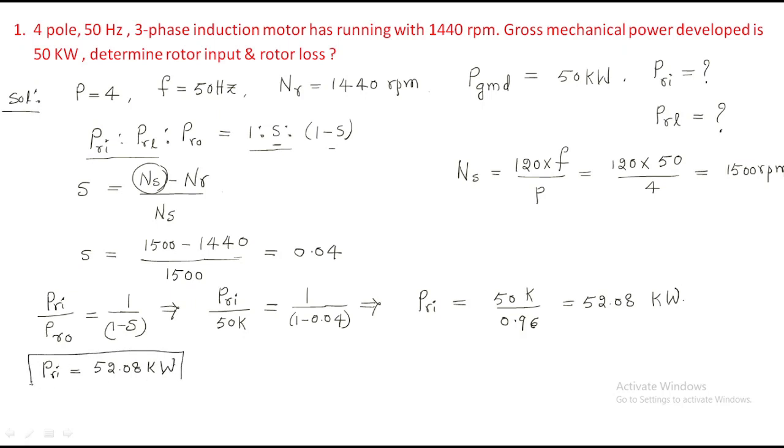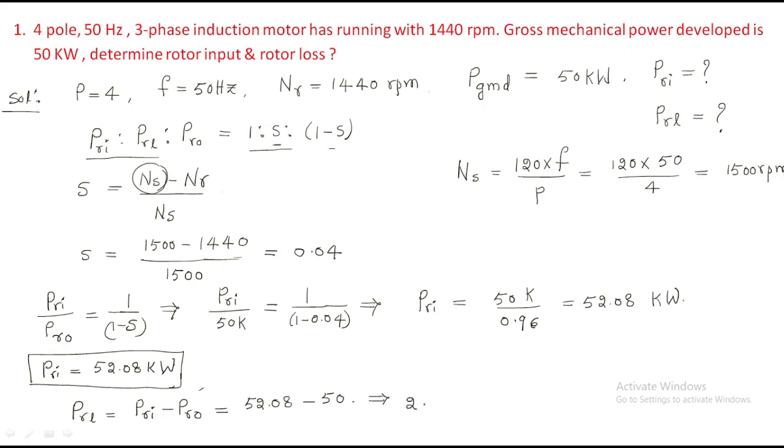Now we will find the rotor loss directly. What is the rotor loss? By using the relation, we can find it directly. Rotor loss equals rotor input minus rotor output. The rotor input is 52.08, and the rotor output, or gross mechanical power developed, is 50.